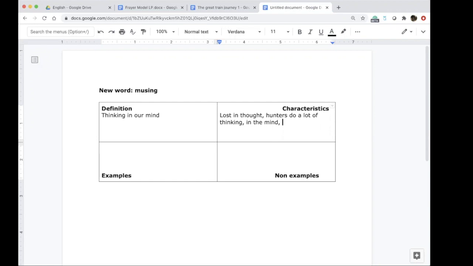So that's very good. So it happens in the mind. We can write happens in the mind. Sir. Yes. I think that's enough details. We can go on to the examples. So what do you think are some of the examples of the word musing?